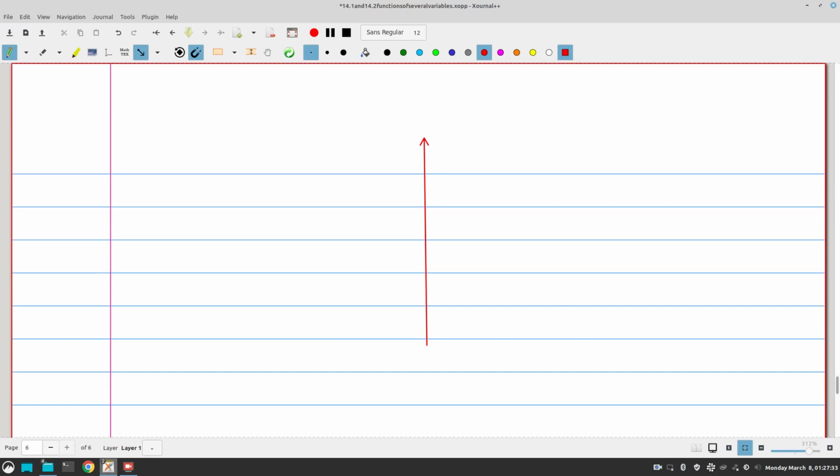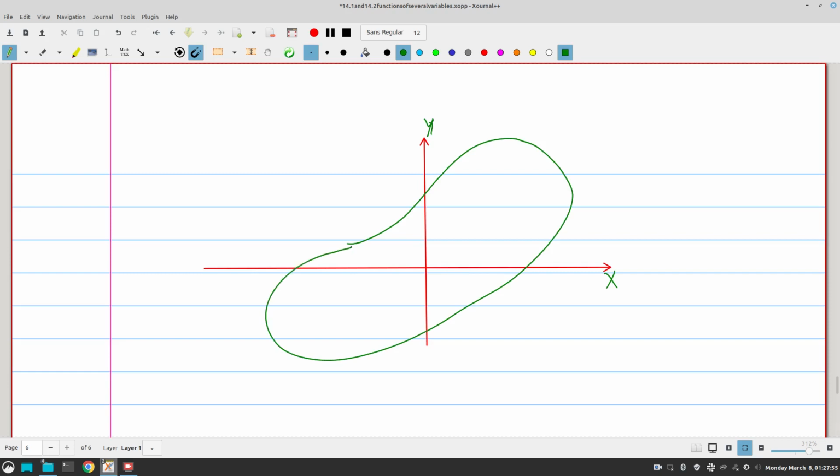So, for example, if you have a domain in two dimensions, Cartesian pairs, right? Let's call this the y-axis, let's call this the x-axis, and we have the domain of a function. And let's say you want to find the limit at a point AB.